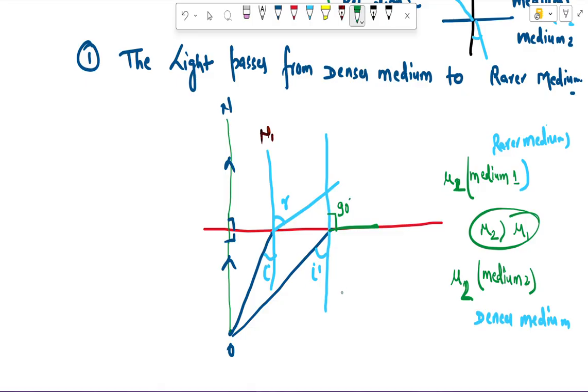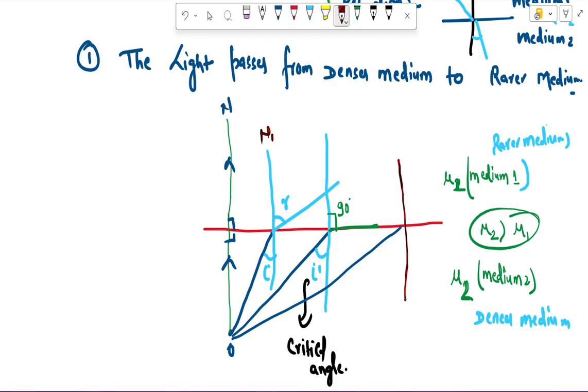At the angle of incidence where the refraction angle is 90 degrees with the normal, that angle is known as the critical angle. This small angle is nothing but the critical angle. If we increase the angle further beyond the critical angle, total internal reflection takes place.